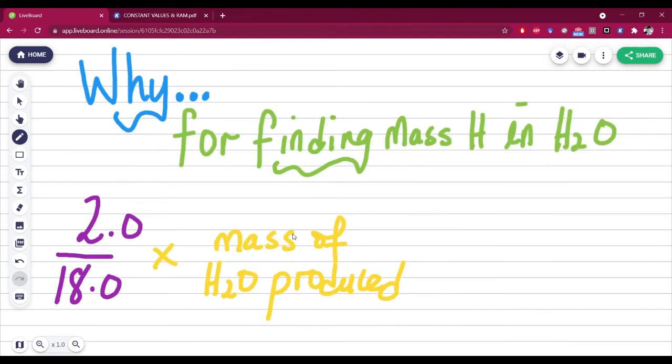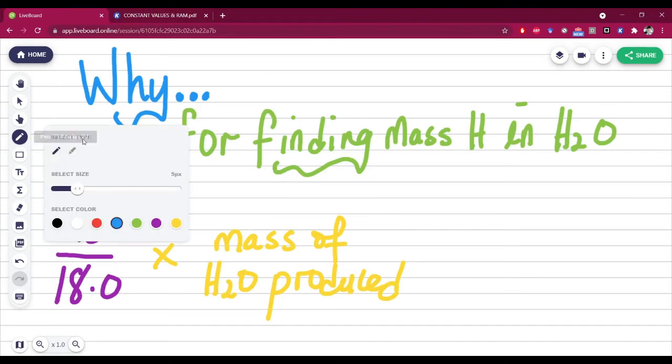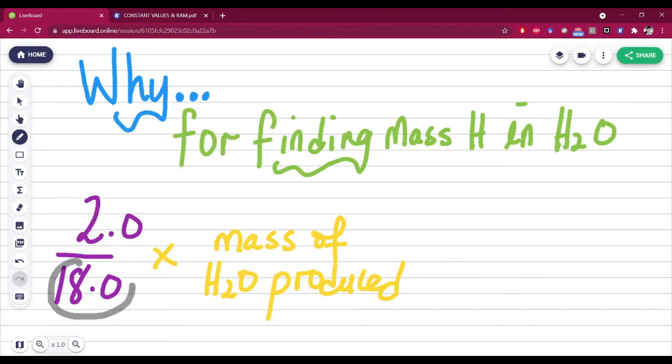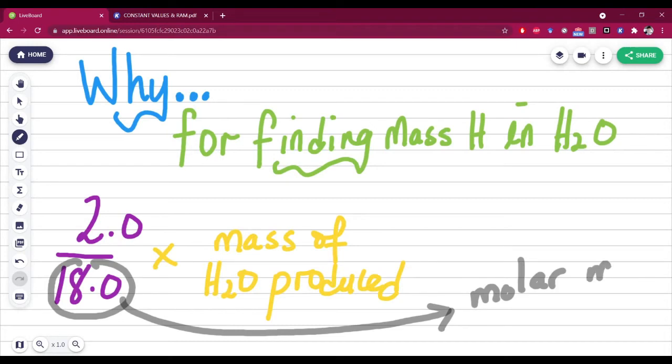It's technically the same as what we're going to do for hydrogen in water. Okay. Again, if we go back to the concept just now, this is actually the molar mass of water.